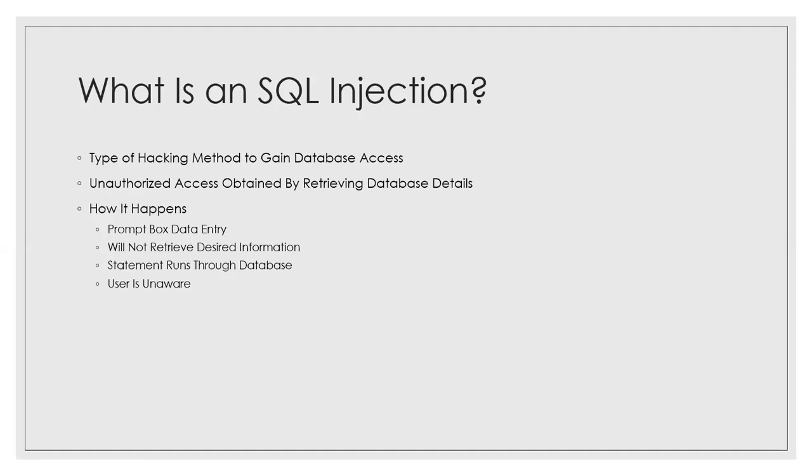Maybe you see that it's saying it's going to give me this information if I put this information in, right? But what will happen is you will not retrieve the desired information. And what happens is there's a statement that runs through the database and the user is unaware. So that's one of the main ways that it can happen.